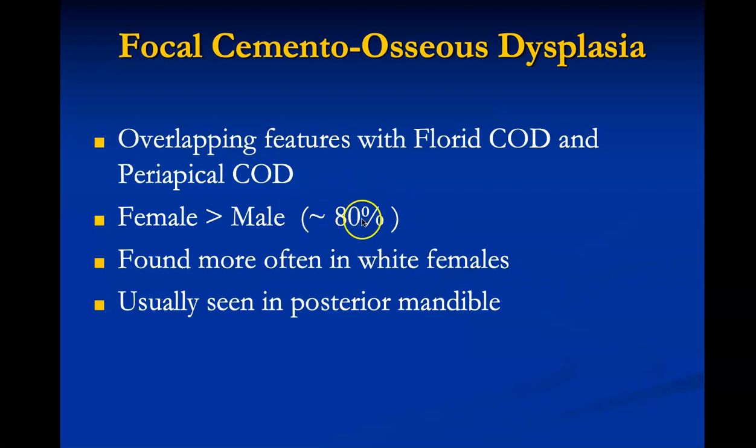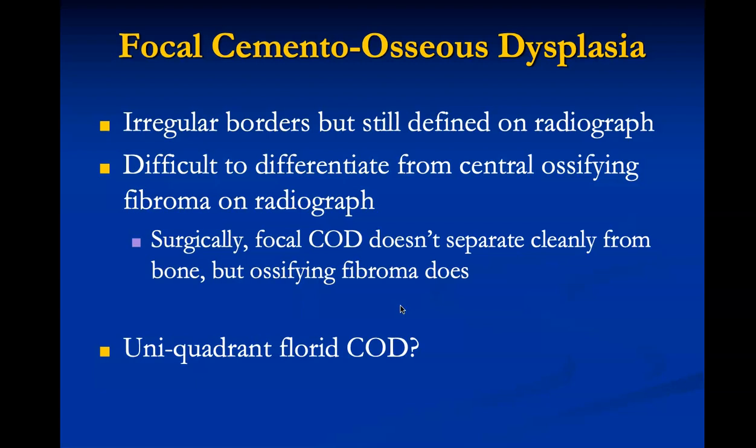But again, women much more than men. These tend to be seen more in the posterior mandible, but affecting only one quadrant. That's what helps to differentiate it from florid cemento-osseous dysplasia, which of course is going to affect more than one quadrant. It tends to have somewhat irregular borders, but is still fairly well defined.